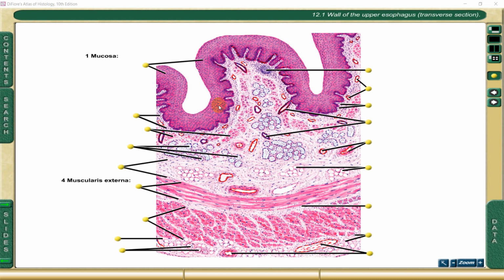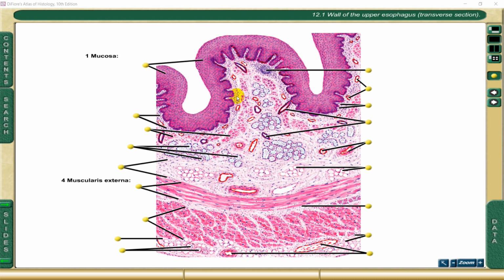The mucosa is composed of three layers: epithelia, lamina propria, and muscularis mucosa. The type of the epithelial lining of the esophagus is stratified squamous non-keratinized epithelia. This type of epithelia rests on the lamina propria.